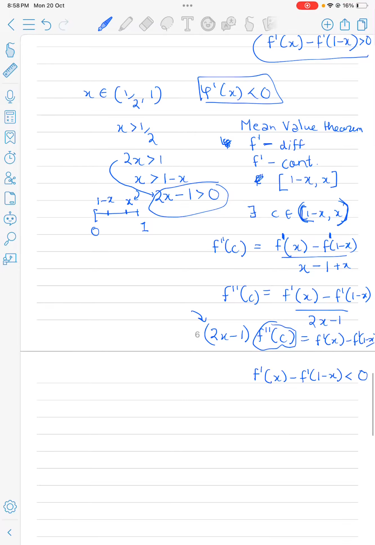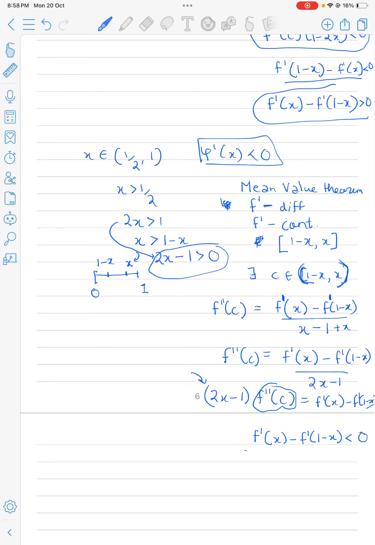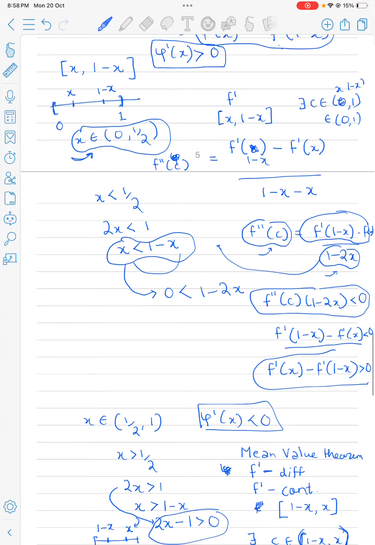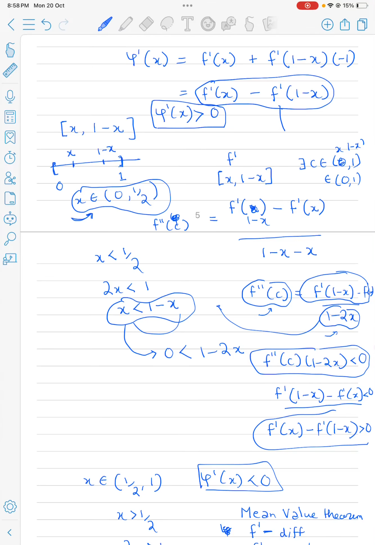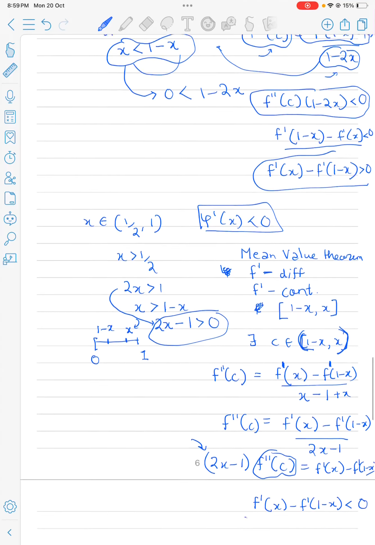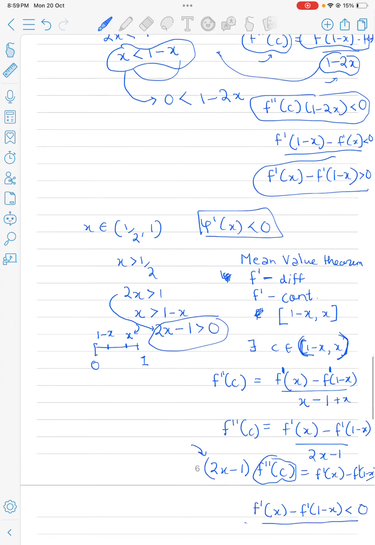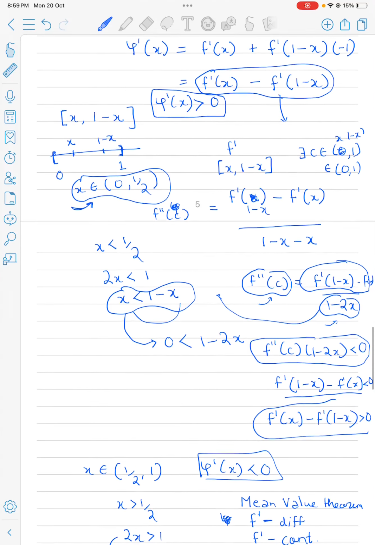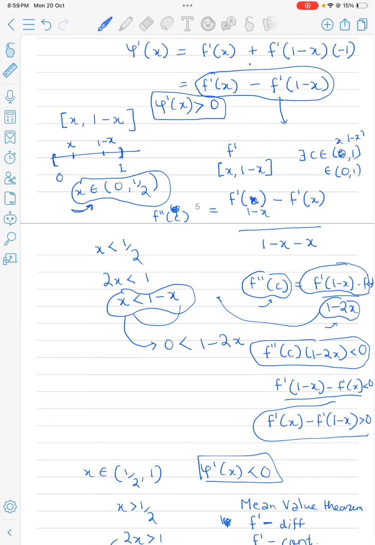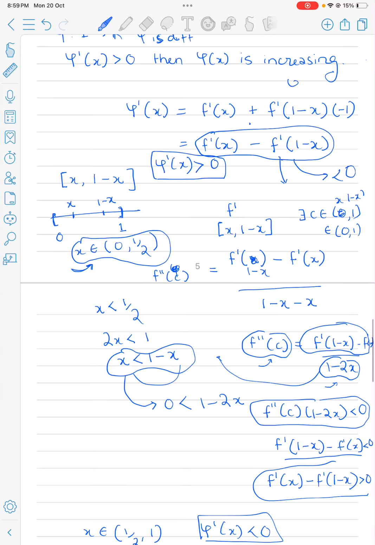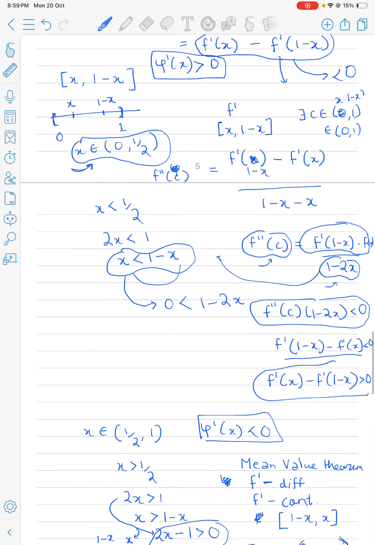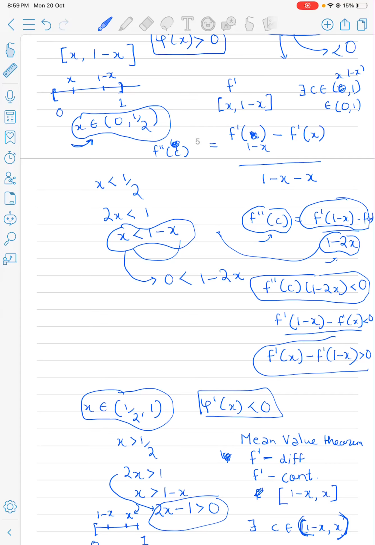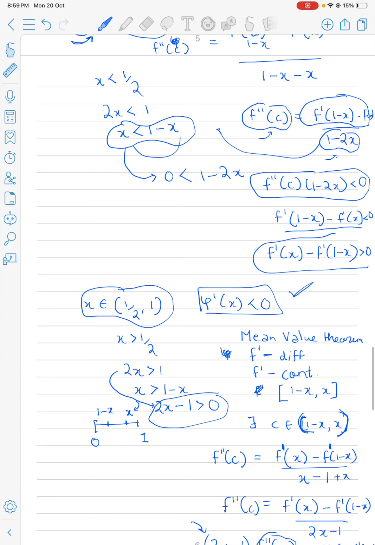So you take this thing here, use this thing. This thing is negative. So phi dash x is less than 0, right? When x is between half to 1. So we have shown what we wanted to show.